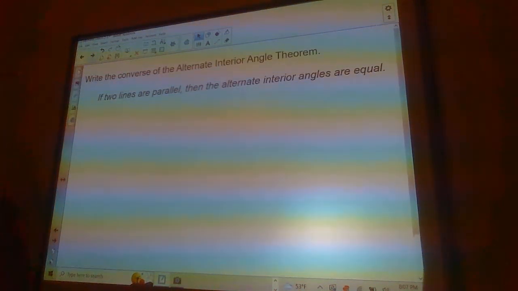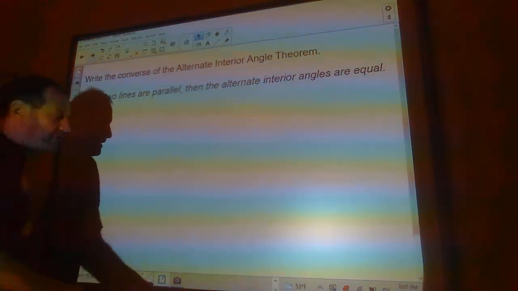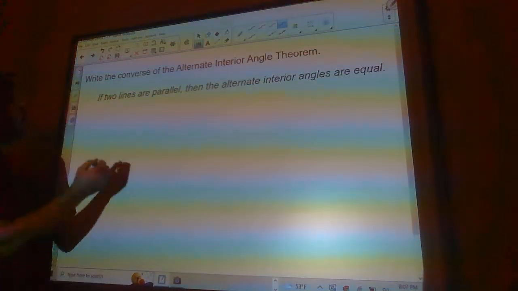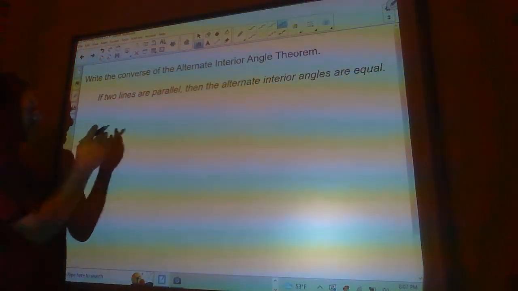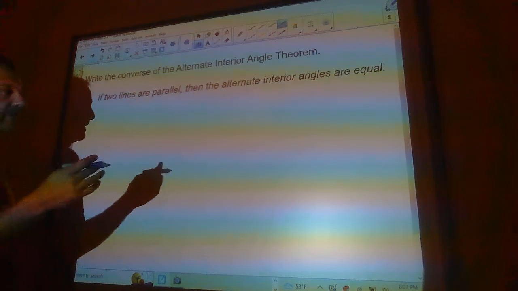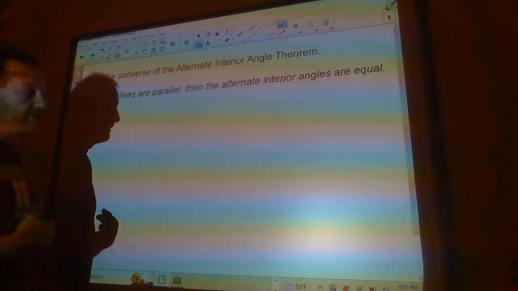Okay, write the converse of the alternate interior angle theorem. So the original alternate interior angle theorem says if two lines are parallel, then the alternate interior angles are equal. So the converse of that would be, I tell you what, take a minute, pause the video, write it down, then see if you get the same thing that I'm going to give you.